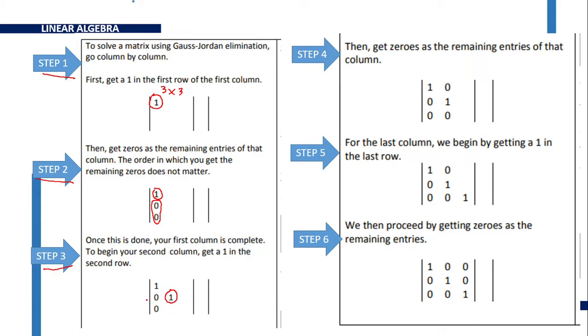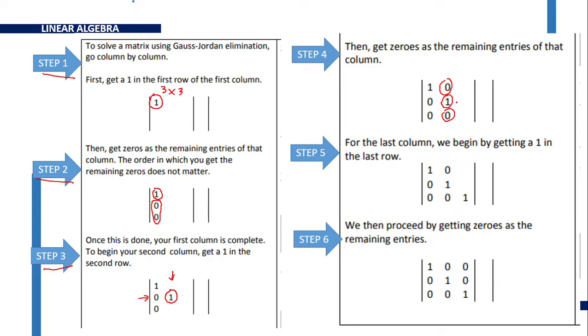Second row na to, then second column din ito. Okay? So, pang-apat na step, then get zeros as the remaining entries of that column. Di ba ito yung ating step 3, ginawa nating 1 ito, yung pinakanasa gitna niya, ng second row and second column. Then, yung mga remaining entries daw dito sa column na ito, itong 0 na to, gawin natin siyang 0. Or kailangan natin siyang gawing 0.